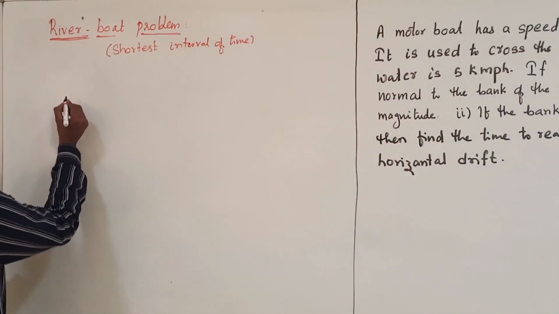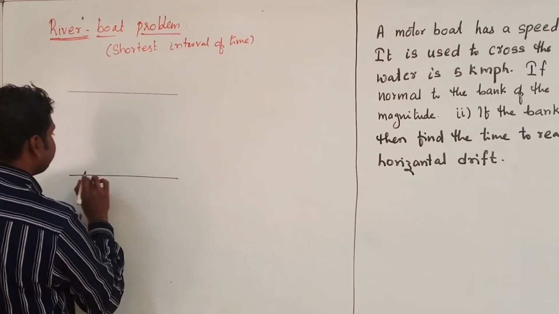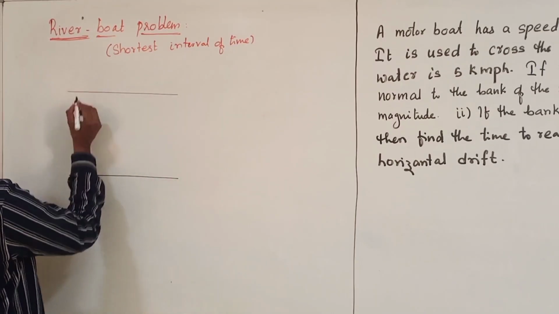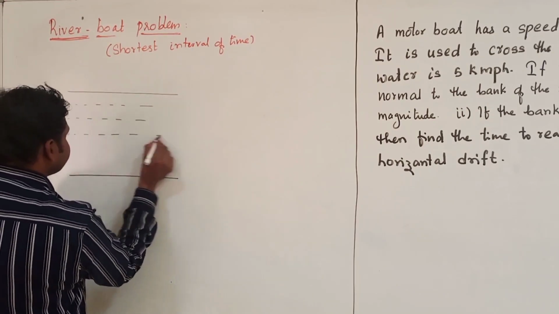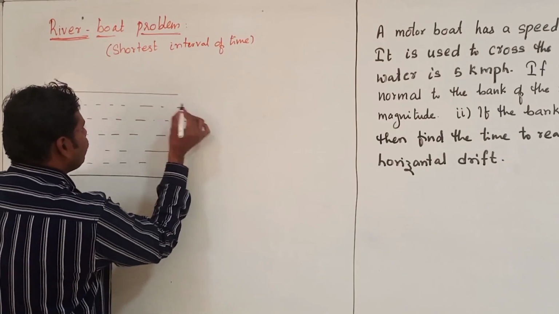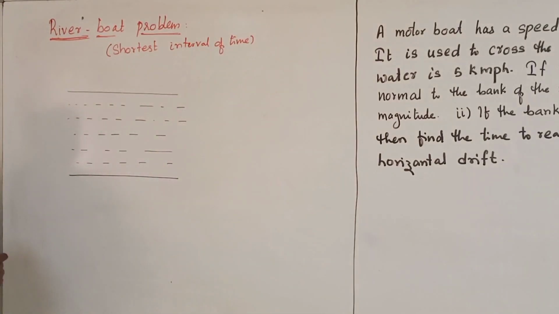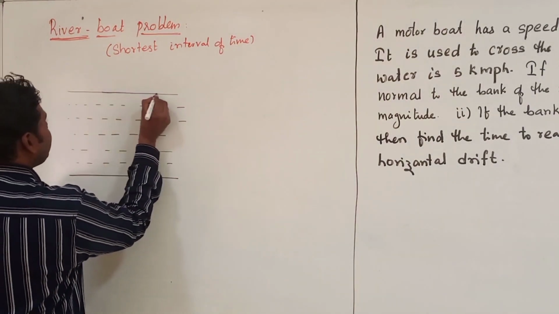See, this is a bank, this is the first bank and the opposite bank, where this is the water. Assume that this is the velocity of the water direction.